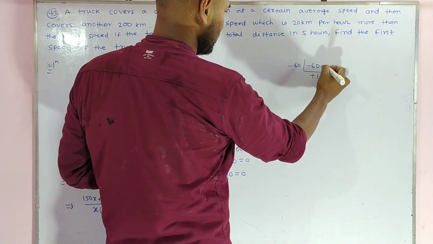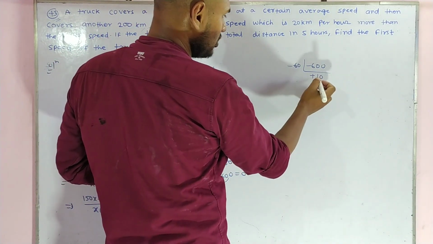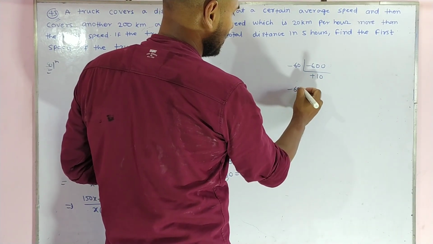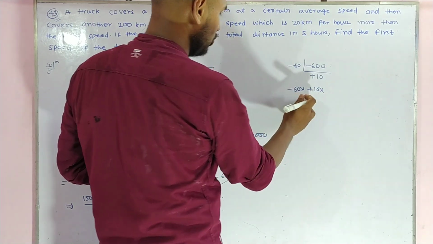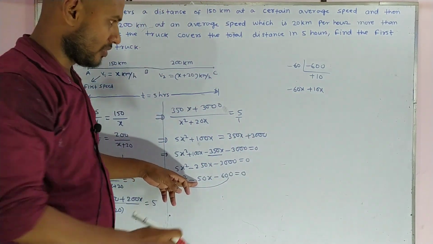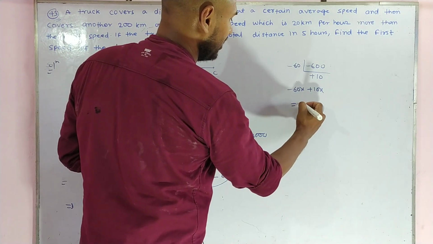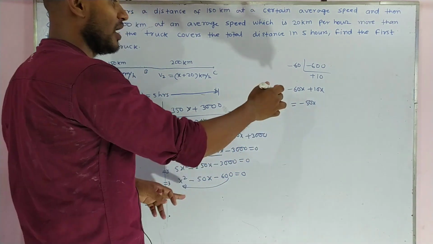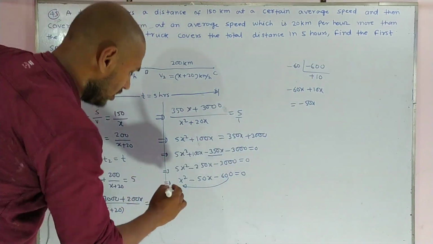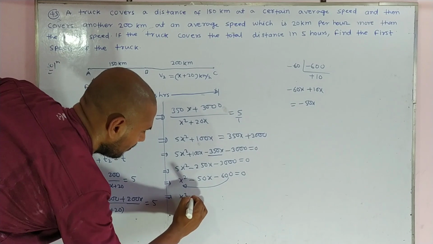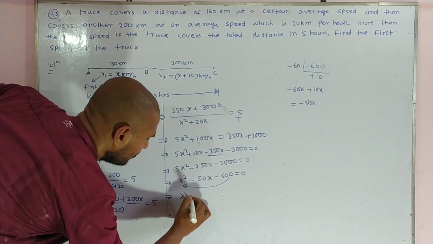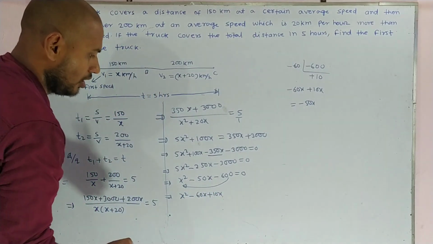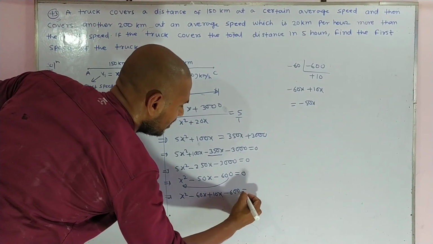Minus 60 into 10 gives minus 600x square, and minus 60x plus 10x you will find minus 50x. So in place of minus 50x we put minus 60x plus 10x, and minus 600 will be there also.